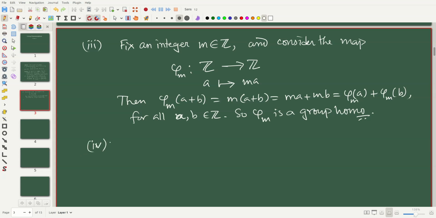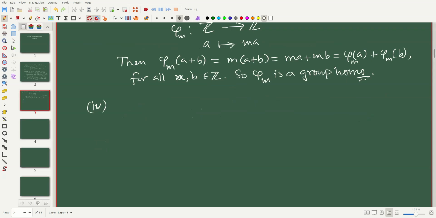The next example is that take R star, the set of real numbers minus the origin. This is a group with respect to multiplication. Then consider a map f from R to R star given by sending x to e to the power x, the exponential of x.